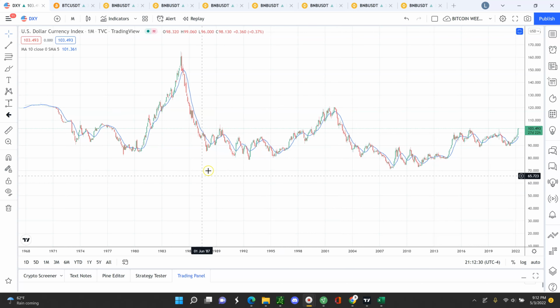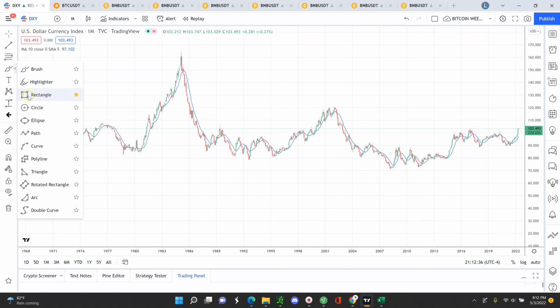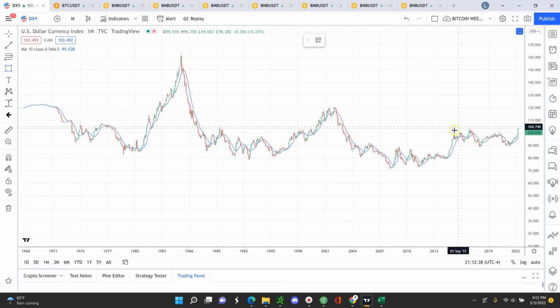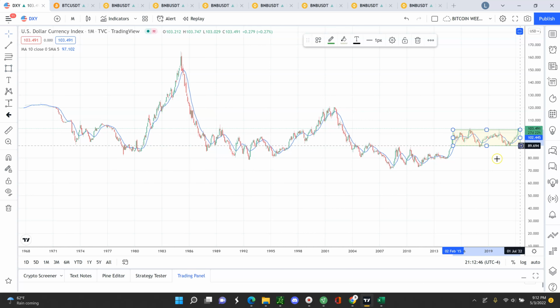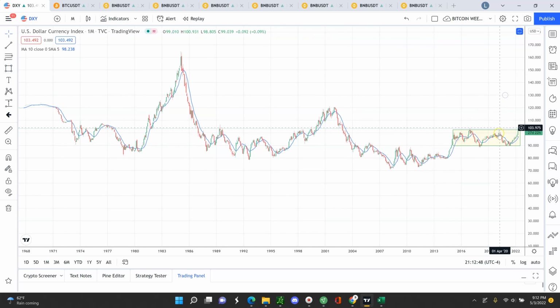There are a couple of possible scenarios that I'm looking at, just given the recent price action on this monthly chart. So a breakout of this range, which will require the price to hold above pretty much where it is right now, well, really around 101, 102, would send the price probably toward 120, so maybe around 115 to 120, possibly.